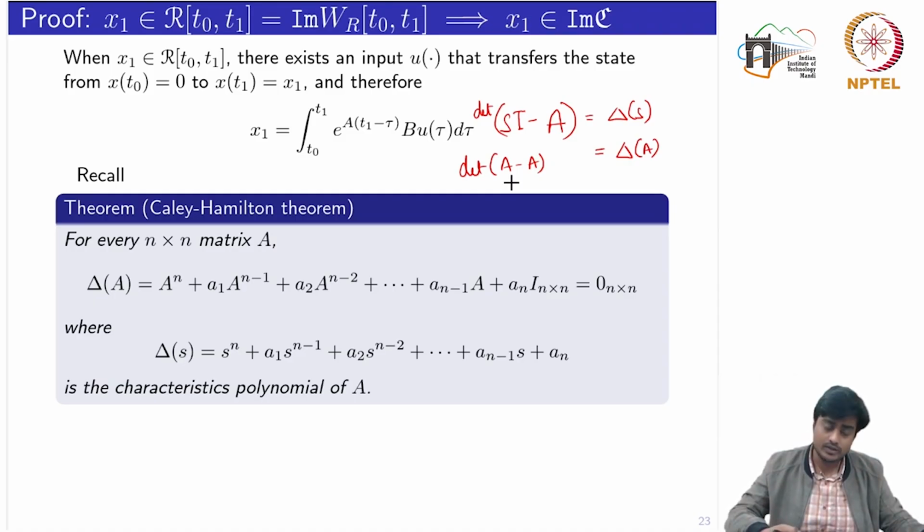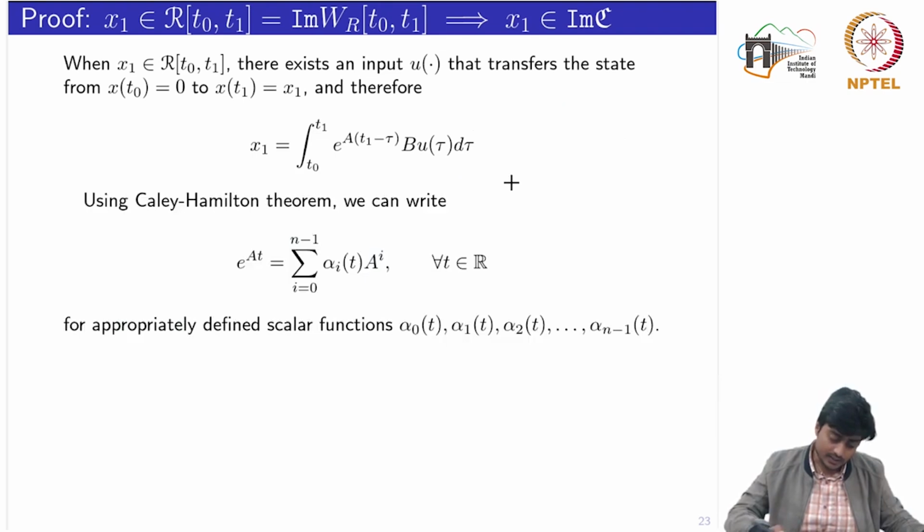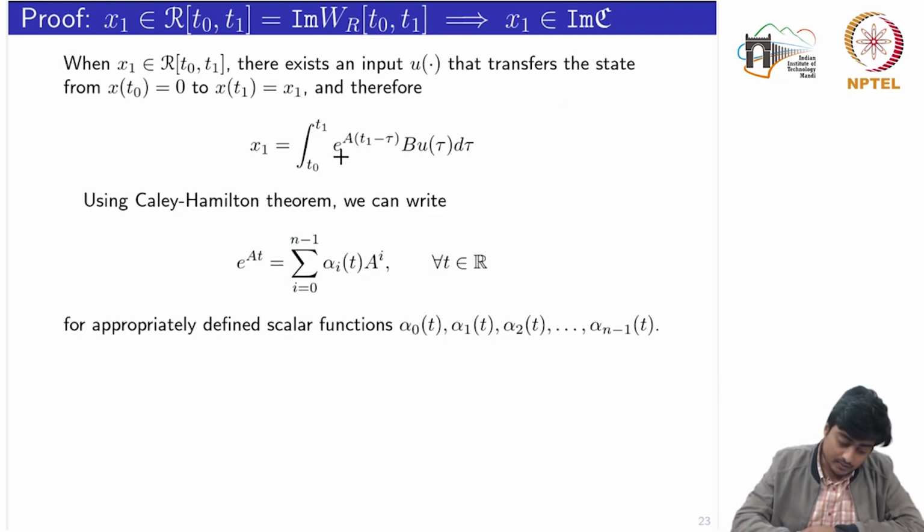Now this comes from the Cayley-Hamilton theorem. We won't see the proof of this theorem, but using that theorem, I can write this exponential, or any exponential matrix, by this expression.